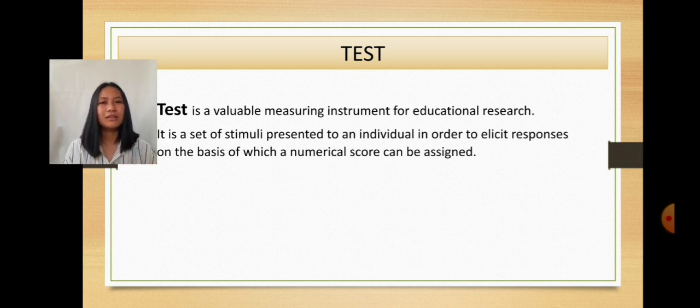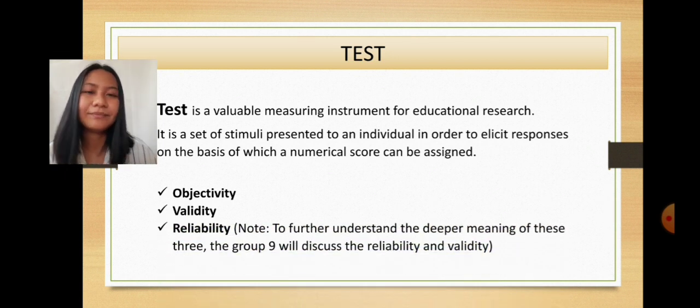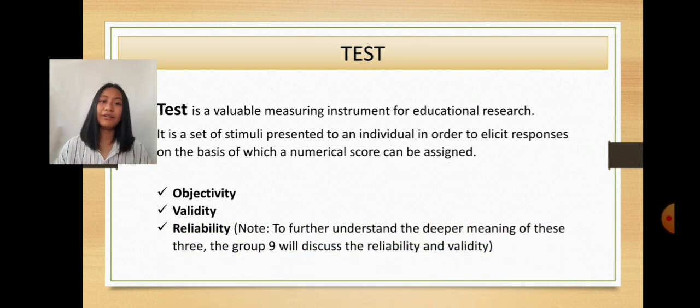So, what must a test have? Objectivity. Next, validity, and then lastly, reliability. These three are very important. The test and the objective of what you want must be aligned, valid and reliable.